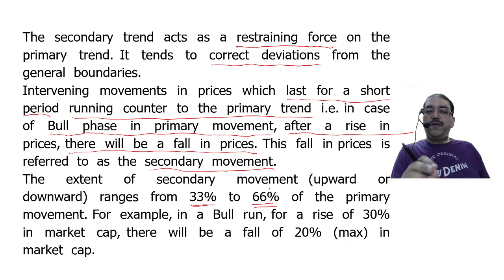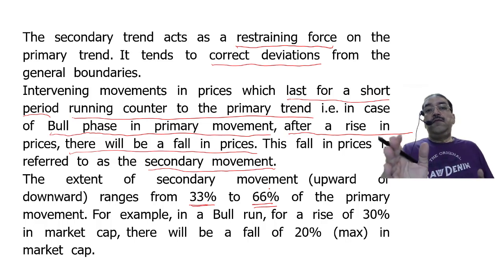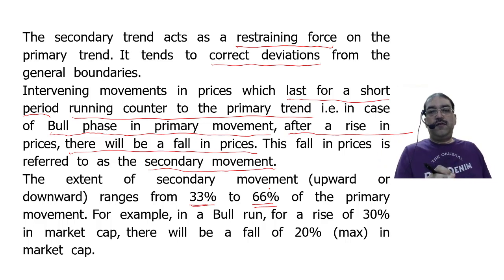So for convenience purpose, I've said 33% and 66%. So it may increase by say 50 rupees. When it falls, it may fall maximum by 30 rupees, 32 rupees. Followed? So the fall is not as big as the increase. That is the secondary movement.